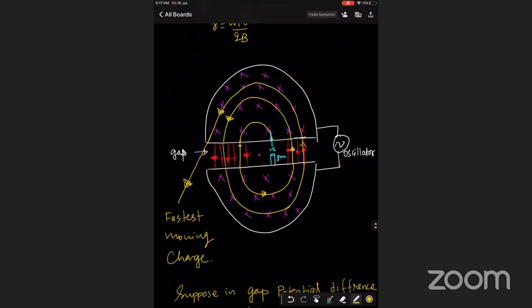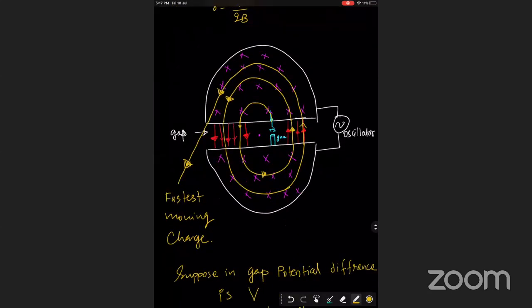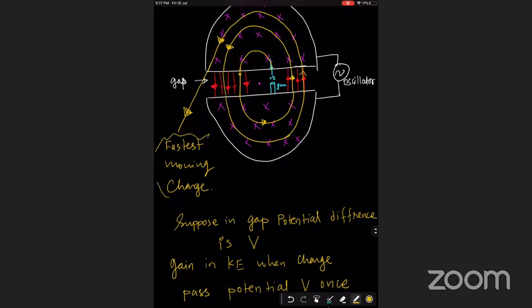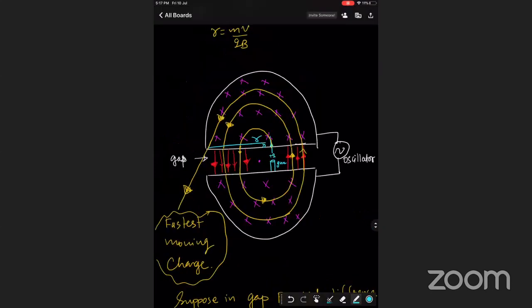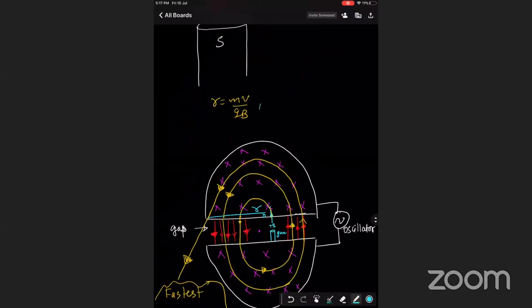What I told you, when the fastest charge is coming, it must have radius equal to this, right? Radius equal to radius of D, right? Yes, sir. Agree? So if we use maximum radius, its velocity should be the final velocity when it is coming out.